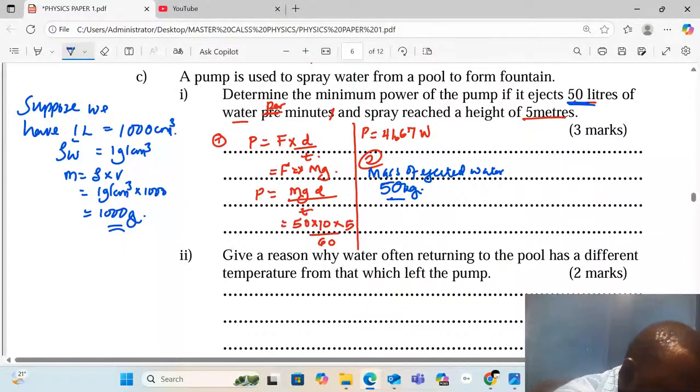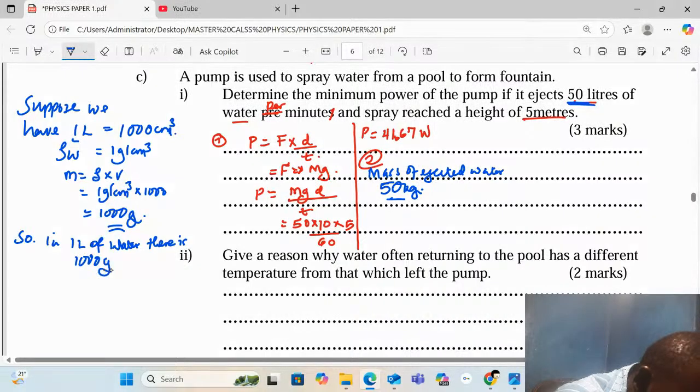So in 1 liter of water, there is 1,000 grams or 1 kilogram.